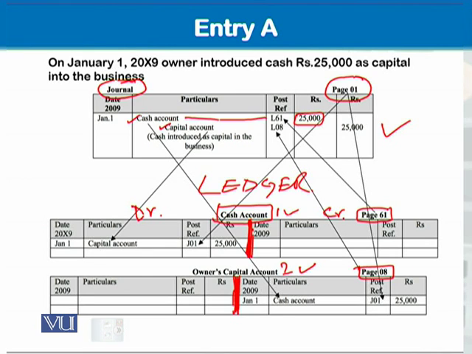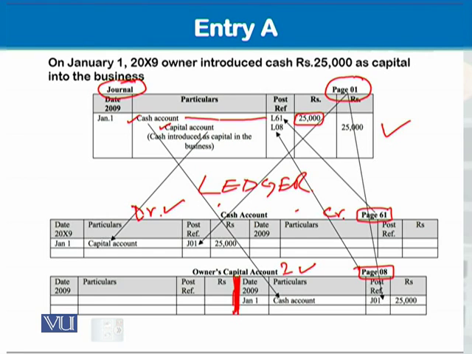So this 25,000 we are putting here in the cash account in the debit side, and because of this, capital will be written over here. So you will read it like this, that the cash account is being debited with 25,000 because of the capital account. Okay. Next thing.